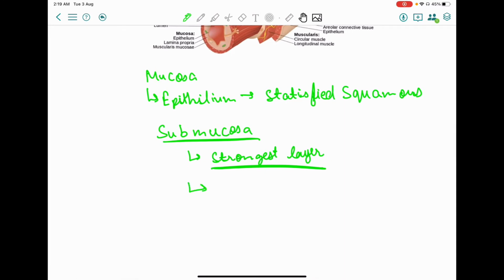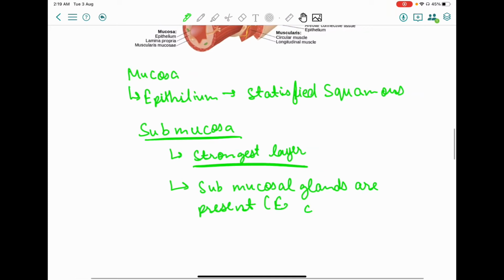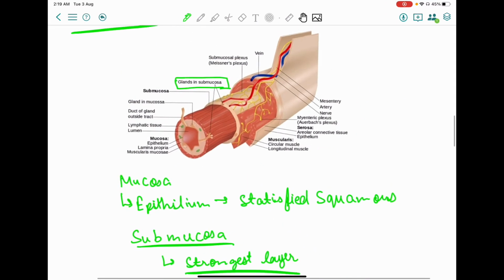And the other thing I already told you: submucosal glands are present in the esophagus, which is an exception. Remember that it is an exception, since glands are normally present in the mucosa.